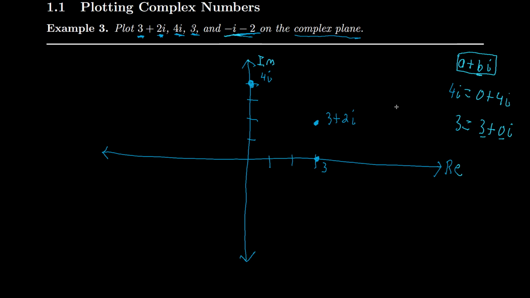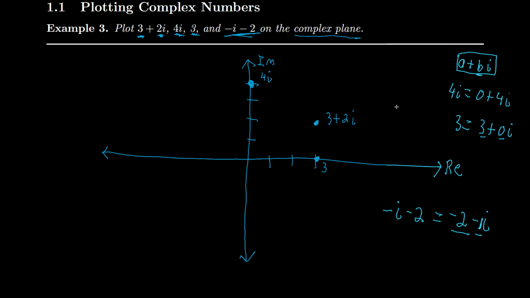So, in this case, I'll put it down here in quadrant 4 since we're not plotting anything down here, negative i minus 2 isn't in standard form. This is negative 2 minus i. Minus how many i's? Well, minus 1 i. So we're going to plot the point negative 2, negative 1.